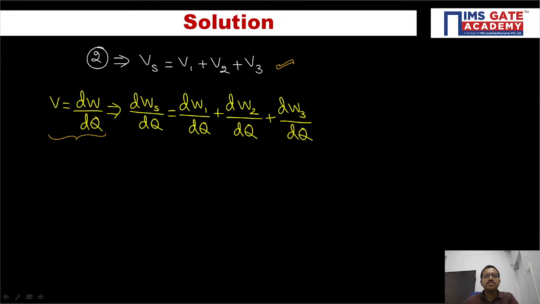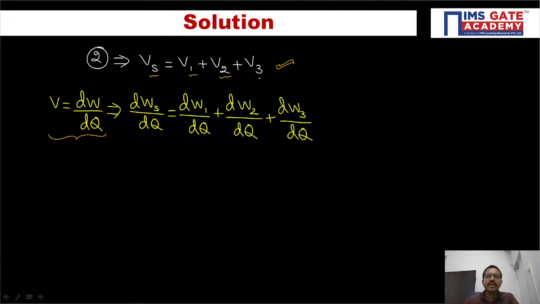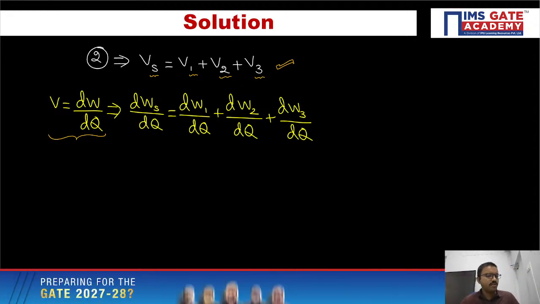So V equals dW by dQ. In the earlier equation, in place of V you can substitute dW by dQ, with the suffixes 1, 2, 3 accordingly.